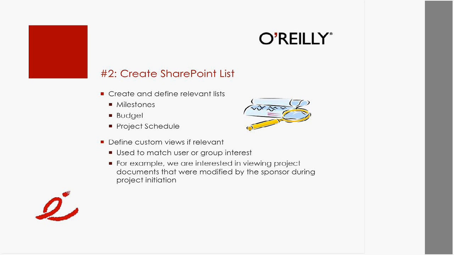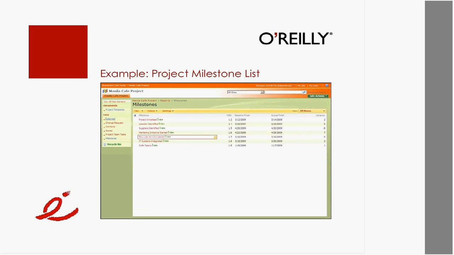So right here, anytime somebody updates this, adds a new milestone or tweaks the date, the KPI, the actual visual indicator, would update in real time. It's not like somebody has to manually go and update that. The beauty of this is you don't have to enter data in two, three, four, five different places. You just put the actual data here, and boom, the visual indicator will reflect the information in the milestone list.